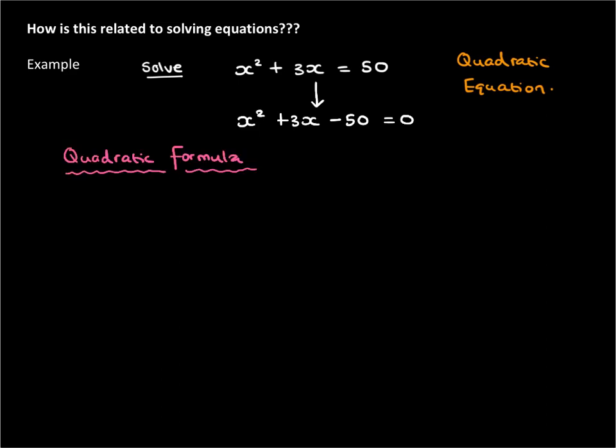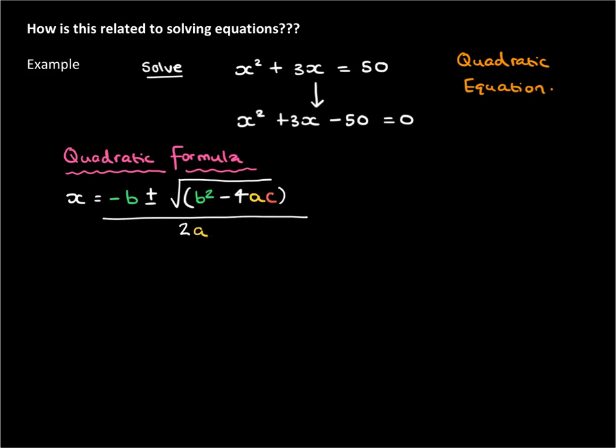Again, you might want to pause, see if you can write it down from memory, and then check your answer. x is equal to minus b plus or minus the square root of b squared minus 4 multiplied by a multiplied by c, all divided by 2a.